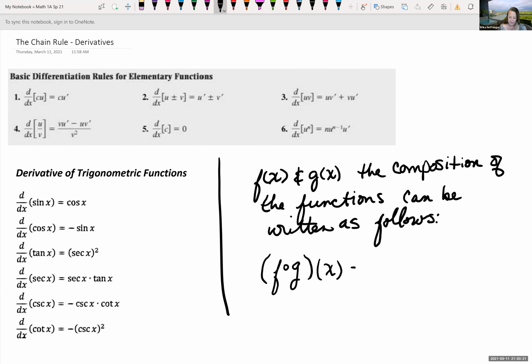What this means when it's written this way is you have your function f, and inside you're going to plug in g of x wherever you see an x in f of x. So we can write that as f of g of x.